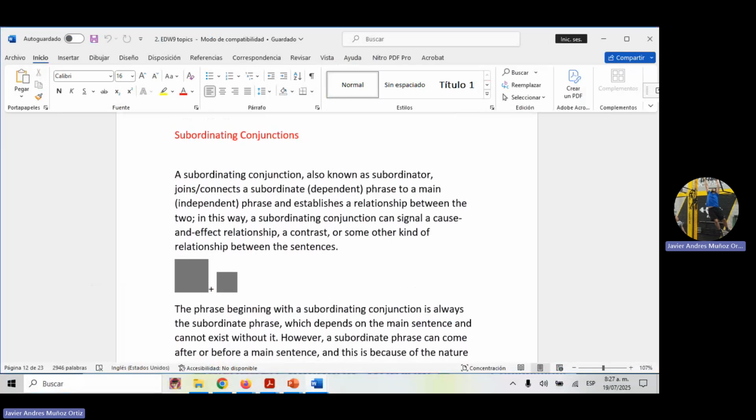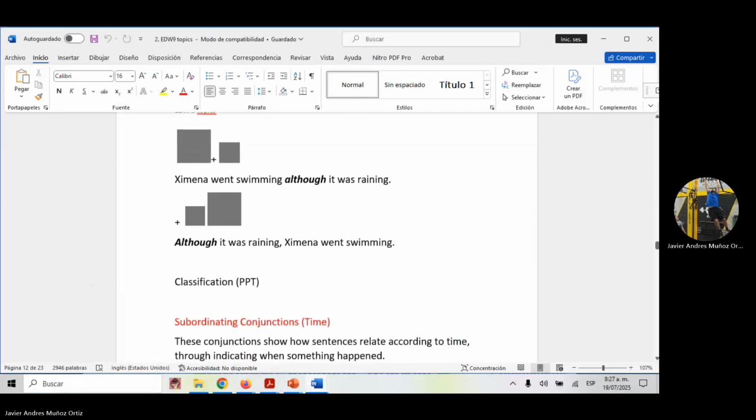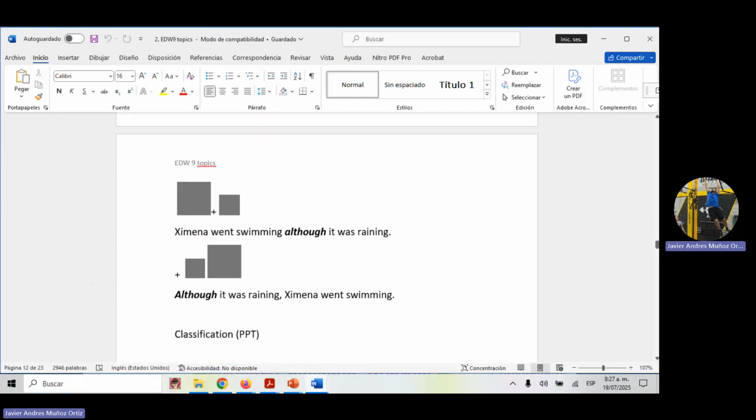So this is what we are going to take into account with the subordinating conjunctions. There is something dependent and there is something independent. ¿Vale? And there are two possibilities to mention this dependency. We could mention first the sentence that is independent, or we could mention the sentence that depends on the other situation.